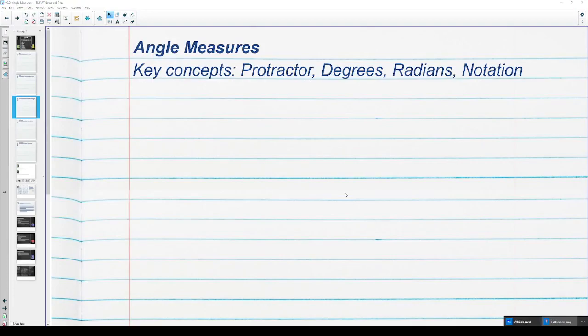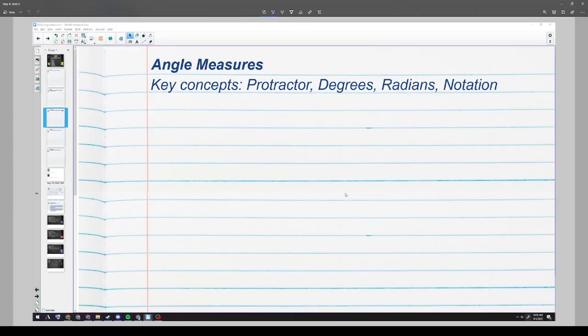Some new things we're going to do with angles, though, is we're going to measure them. And you've looked at angles before, I'm sure, in terms of a number of degrees. So if we have an angle like this, where one ray is vertical and one is horizontal, I'm sure you know that we put this symbol in the corner and say that that is 90 degrees is the measurement of that angle.